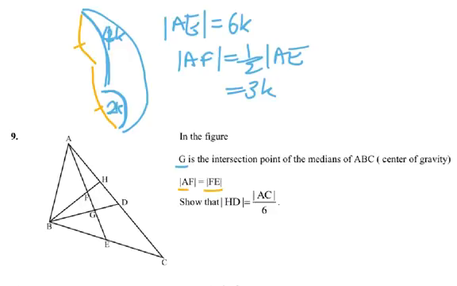So we can transfer all of this information down onto our main diagram. AF is 3K. That would make FG K, because the distance from A to G must be 4K, and GE is 2K. So that's the first part of this question, just looking at the ratios.